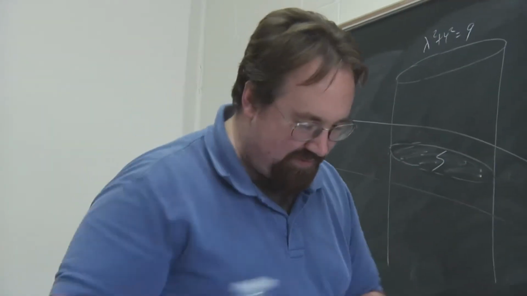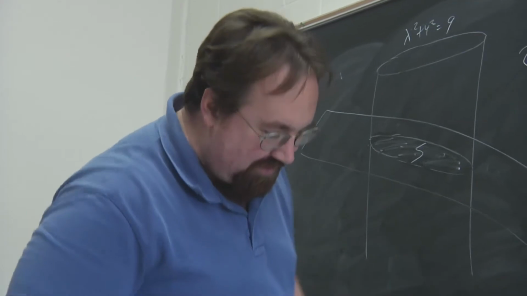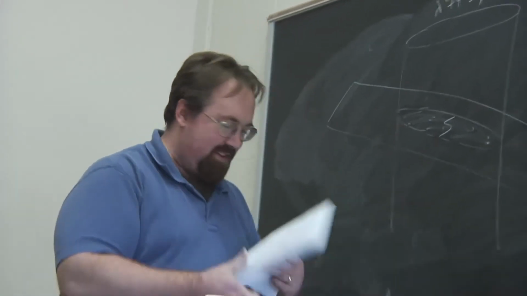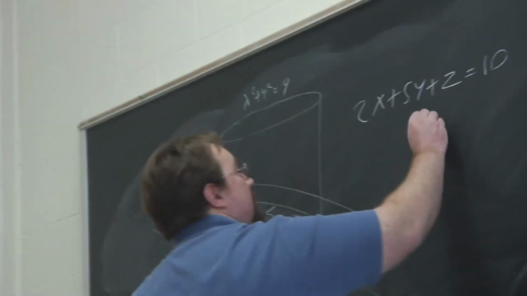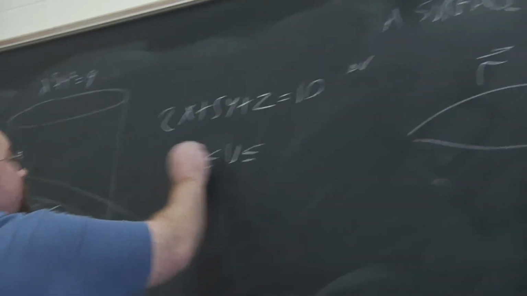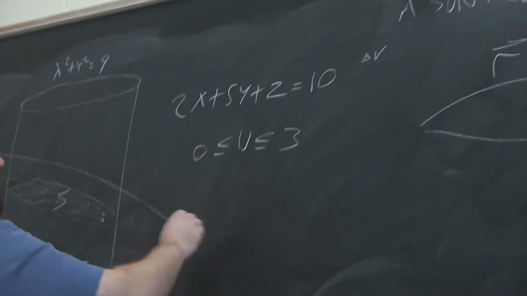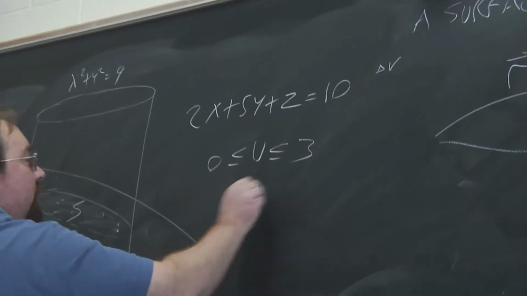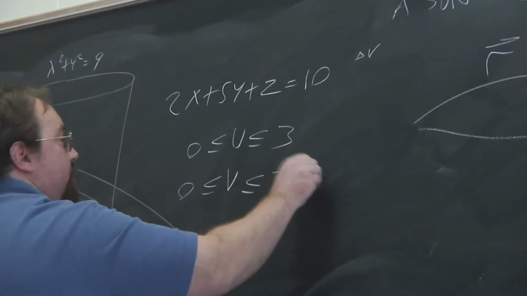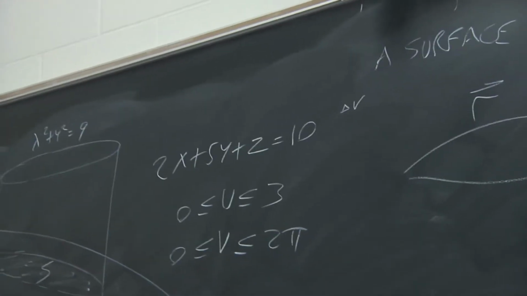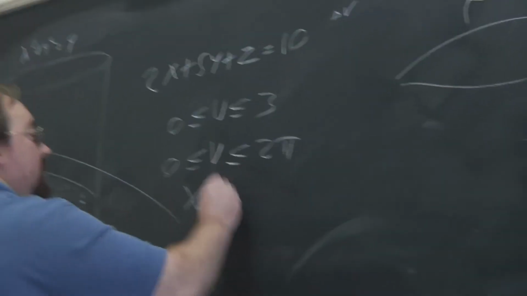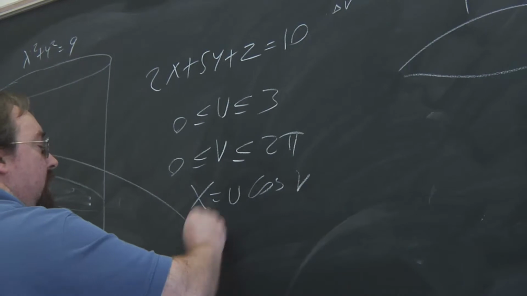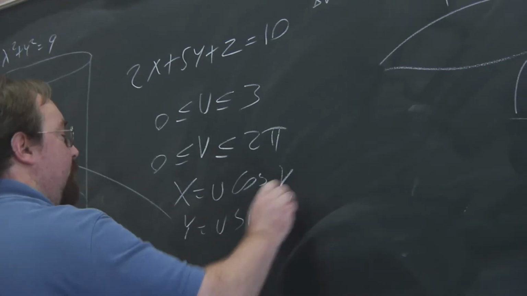Okay. So now what we'll do is let u go between 0 and 3. This plays the role of our r in polar coordinates. And then v will play the role of the angle, 0 to 2 pi. So now we have x is u cosine v, y is u sine v, just like polar coordinates.